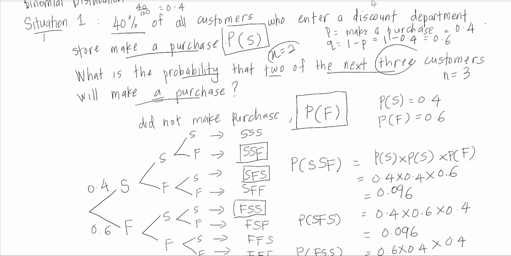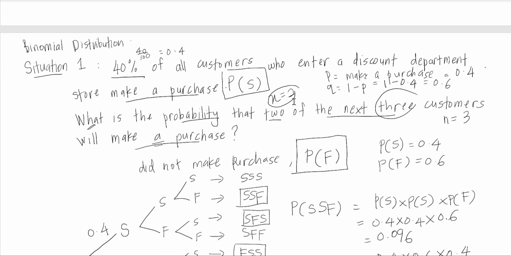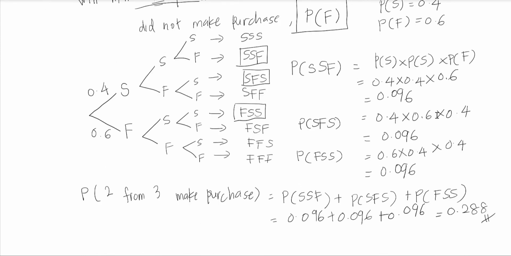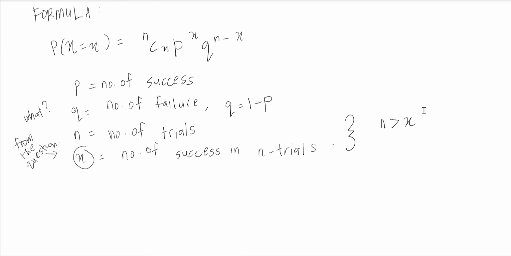That's why I said just now that x depends on what the question asks for. So now we already have p, q, x and also n: p is 0.4, q is 0.6, n is 3, and x is 2.